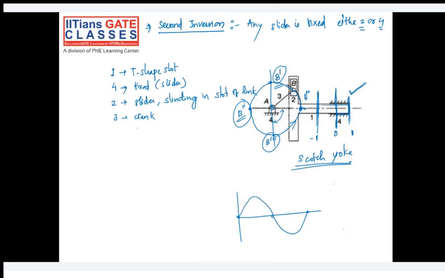So these are the possible questions if you see previous year papers. I don't see any problem for you to solve them.